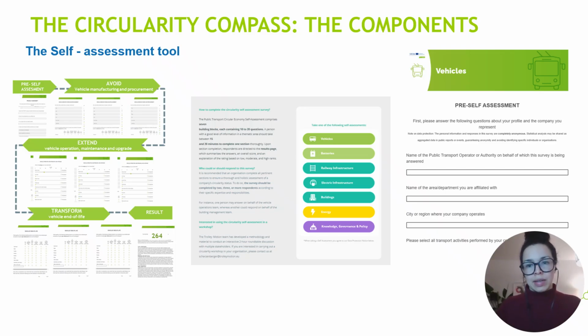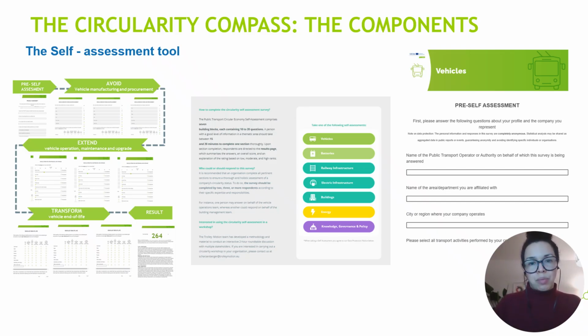And this is again more a reflecting tool and a food for thought tool that sparks conversations and sparks reflection on circularity and how your organization is approaching it. The self-assessment tool is organized in 7 survey modules, which you can see in the image here in the middle. And these are completely independent.